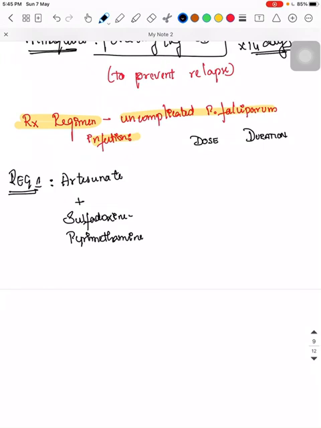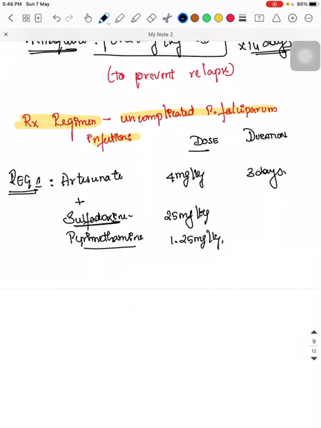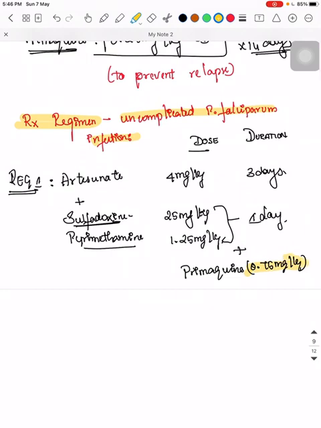Regimen number 1 consists of artesunate along with sulfadoxine and pyrimethamine. Artesunate we use at the dose of 4 mg per kg, given for 3 days, while sulfadoxine is given at 25 mg per kg and pyrimethamine at 1.25 mg per kg, given for 1 day.